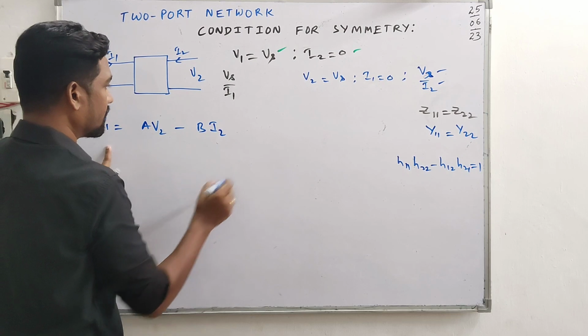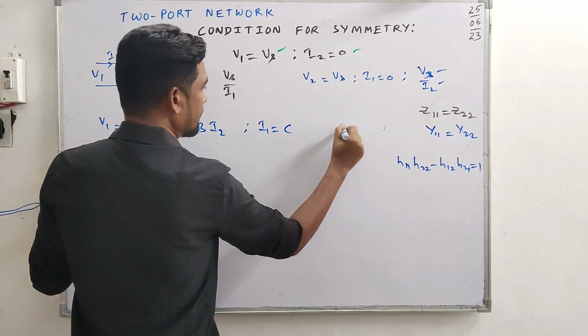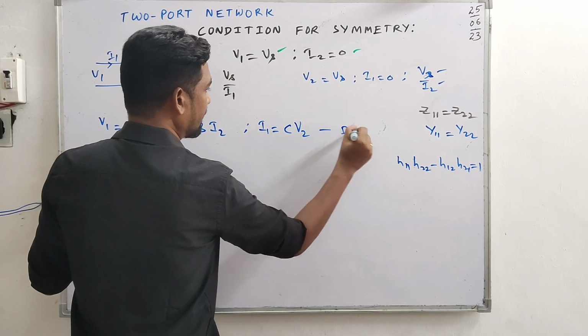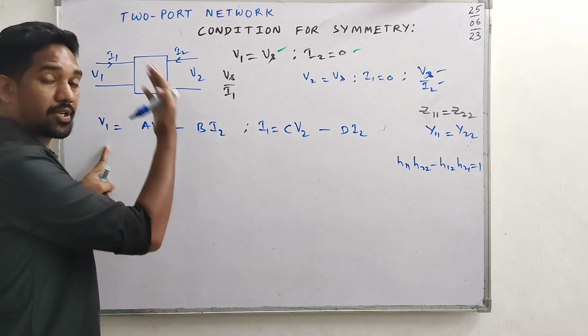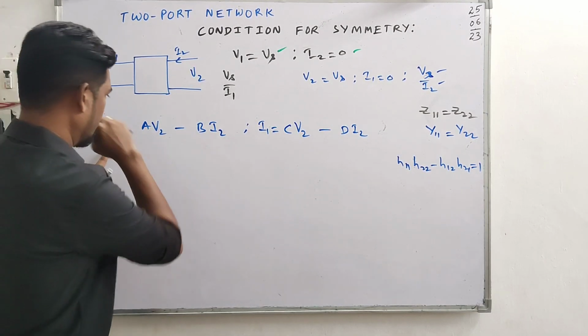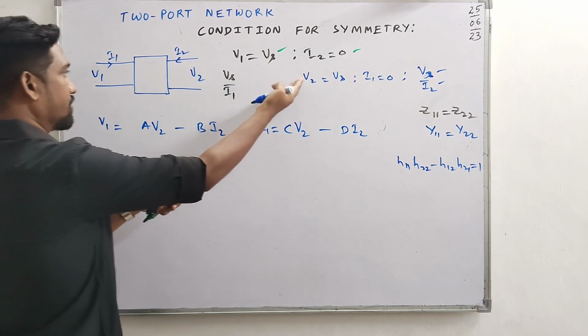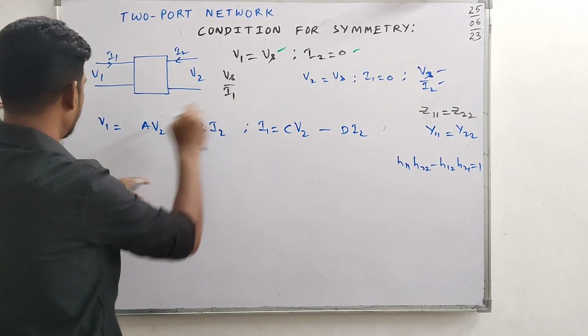And the second equation, we have I1 equals C, D times V2 and minus I2 over here. These are the two equations representing ABCD parameters.